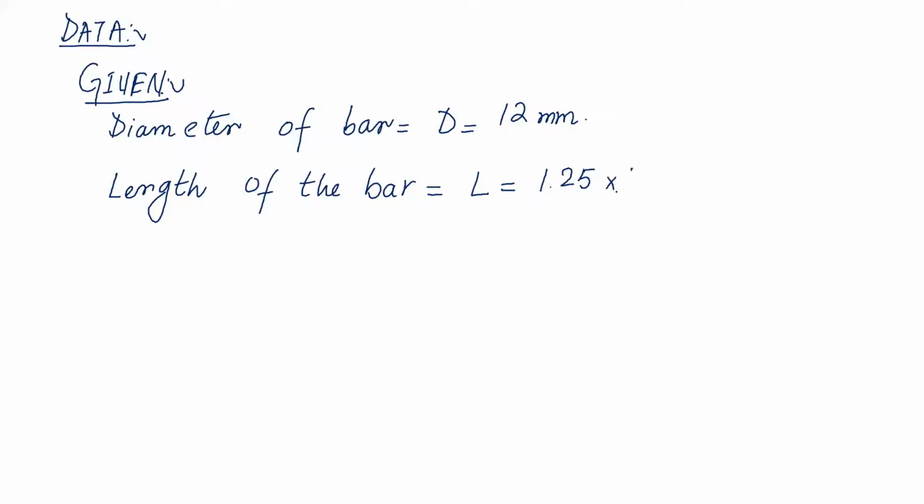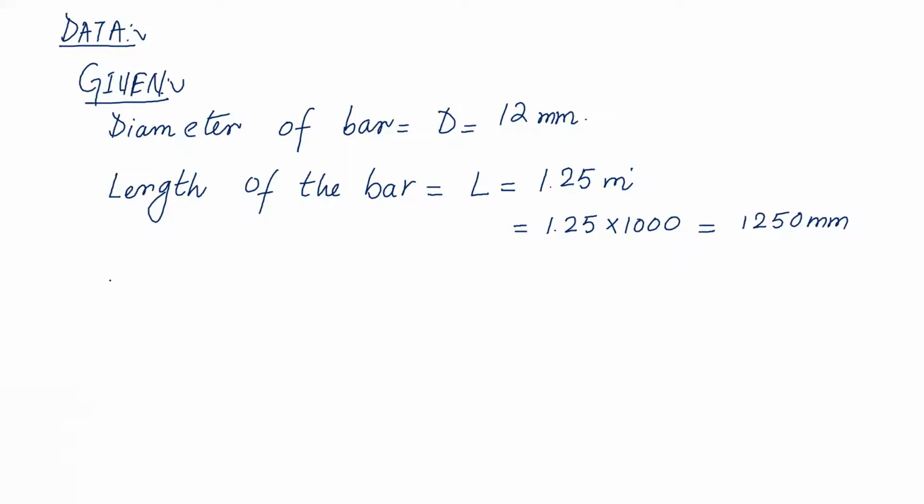First I have to write it in meter because it is given in meter in the question. So 1.25 into 1000 will become 1250 millimeter.